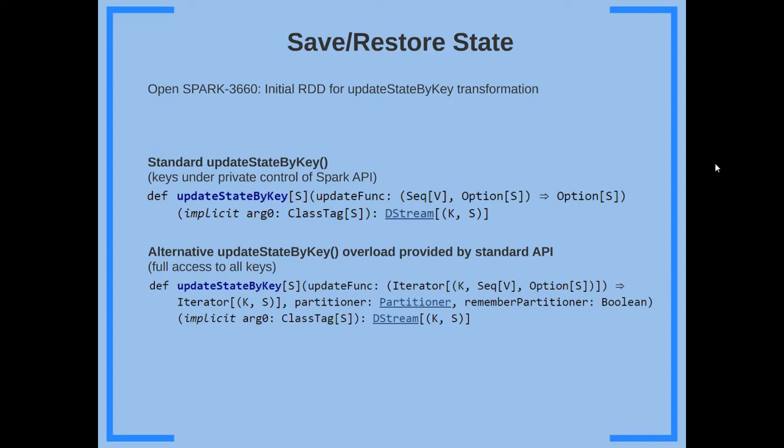It's a sequence. It's all the hits to that URL within that microbatch, within that 10 seconds. We also get passed to us the previous state, so the previous count, number of hits, and we're supposed to return back out of our function the new state, the new number of counts.